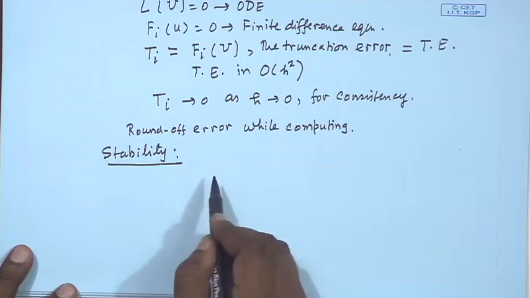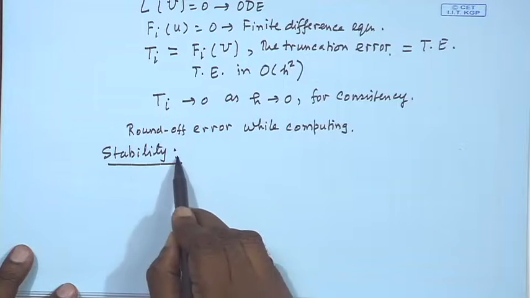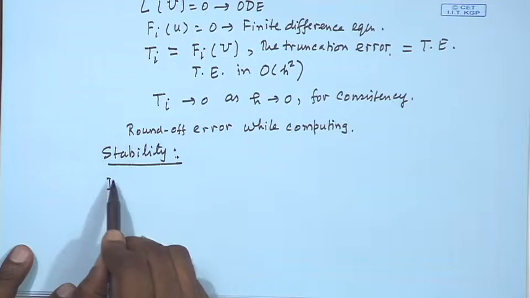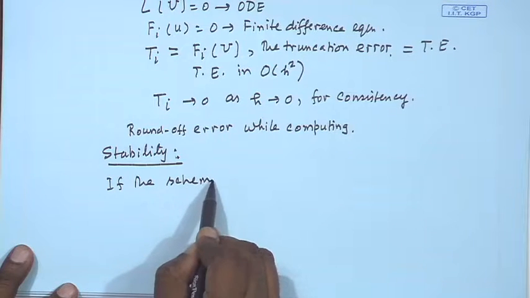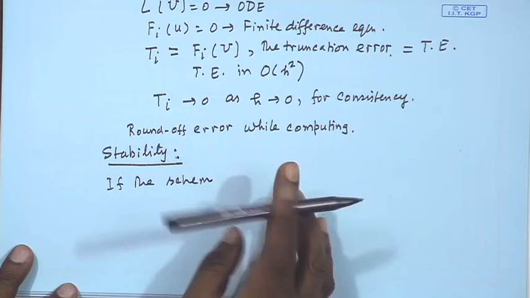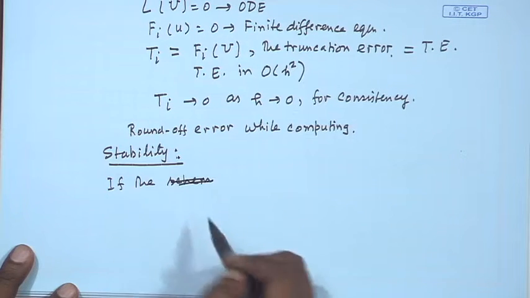Now, if you see that the error grows as we progress in computation, then it is called unstable, and if the error remains the same or decays, then it is stable. Okay. So, stability of the scheme is very important. Scheme here, of course, we did not define.